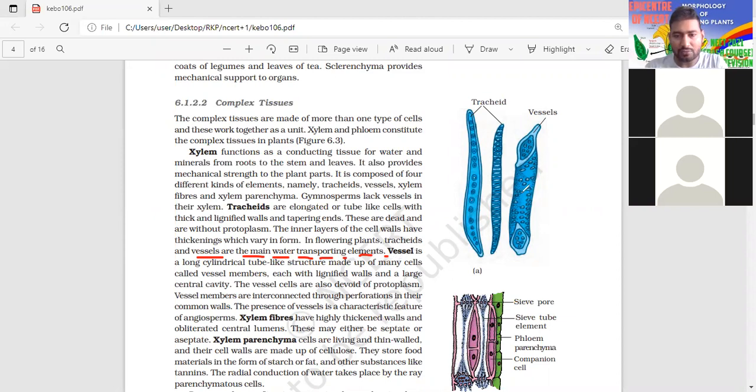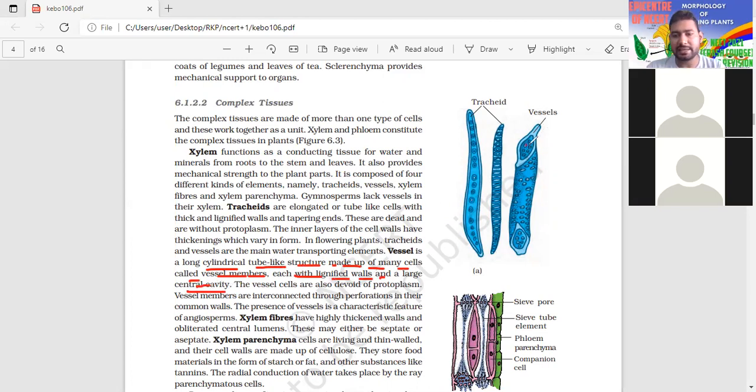Now you can see the structure of the vessels. This is a hollow cylinder-like structure. A vessel is a long cylindrical tube-like structure made up of many cells called vessel members. Each has lignified walls and a large central cavity.